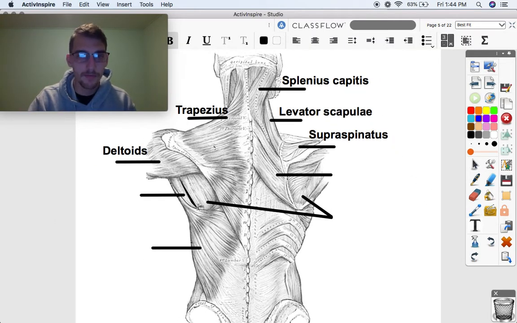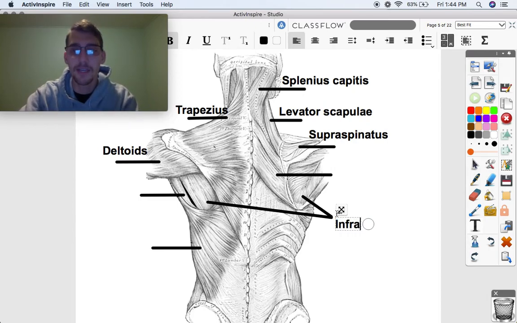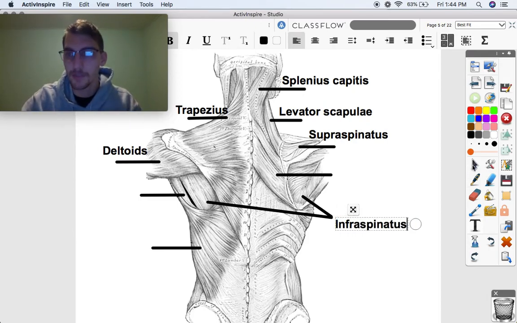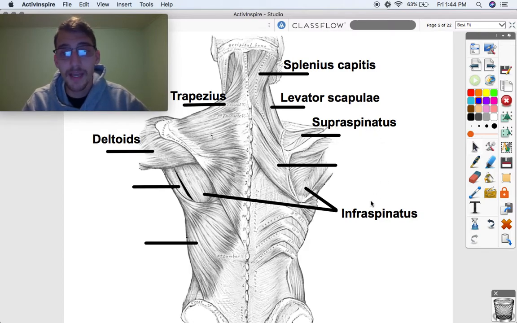And we've got a pair of, well, I believe this might be the same muscle. I'll have to double check that, but it appears twice here on our diagram. It's below the supraspinatus, so it's called the infraspinatus. Lovely. So in between the supraspinatus and the infraspinatus, these are some more shoulder muscles here.